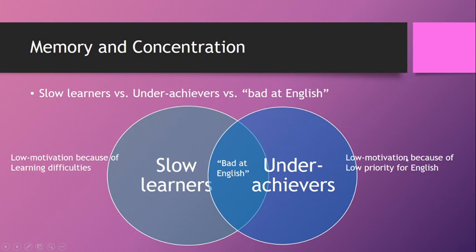You'll recognize underachievers because their English grade might be low, but their grades in other subjects are high, like high in Chinese, high in math. Everything else is okay, but not in English. That would be underachiever. Now, slow learners really have trouble. They have learning difficulties.